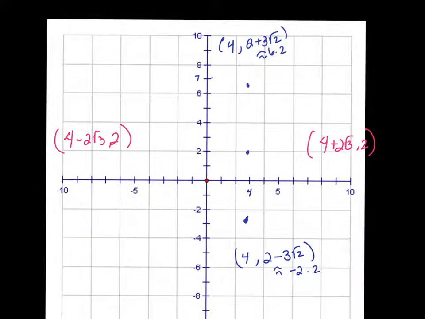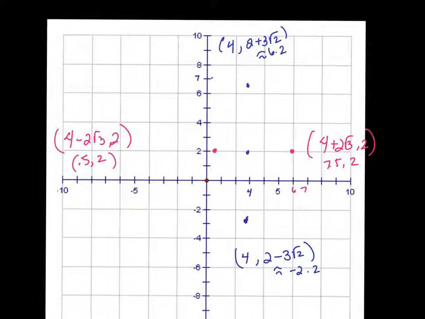Those decimal values give me 0.52, and over on the right hand side I have 7.52. So my values will be about here, and here. So now I have all that I need to graph that.